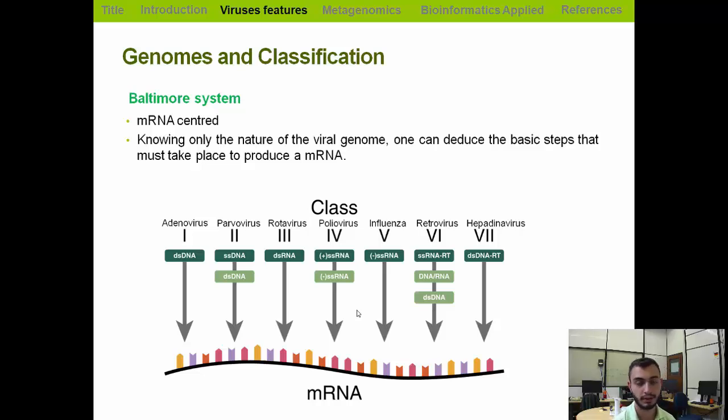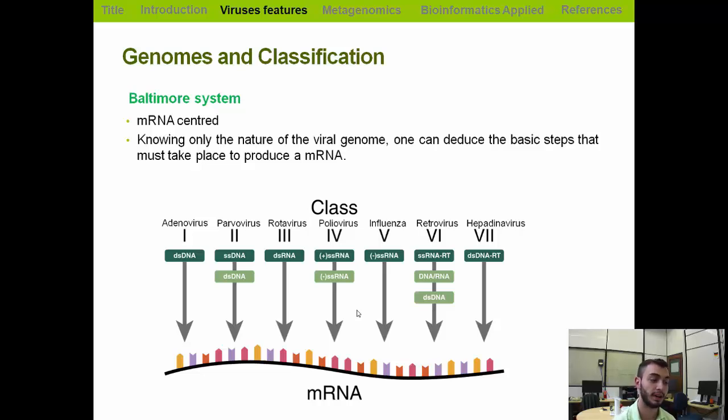So it's very important. And for replication, it produces a minus-strand RNA, and this minus-strand RNA can produce by complementarity the plus-stranded.